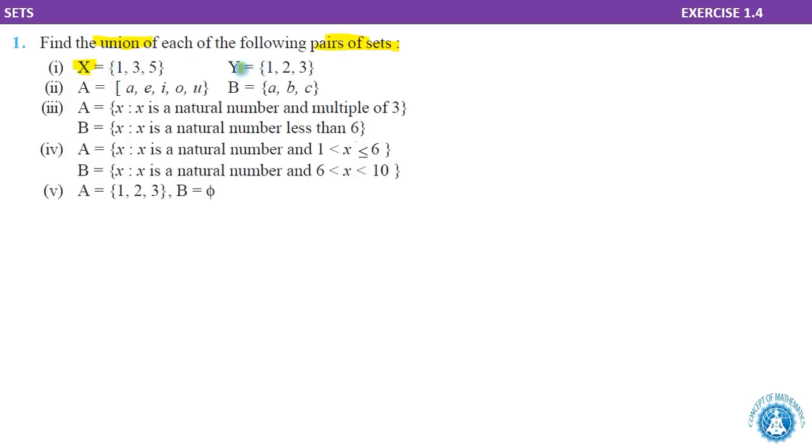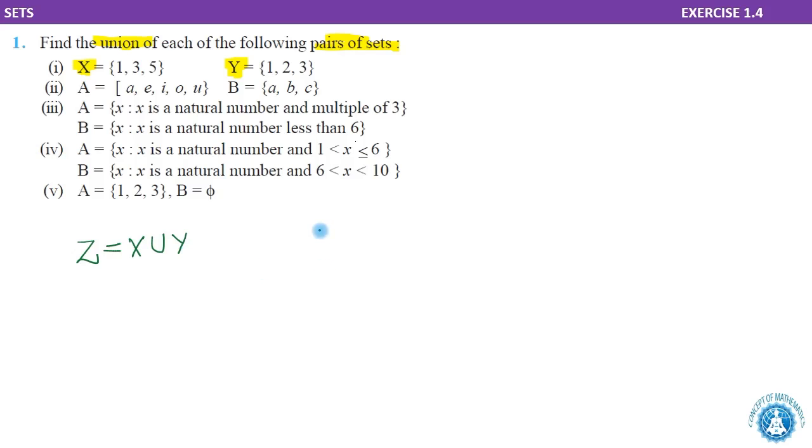First is X, second is Y. We have to find the union of X and Y. We read X union Y. The union of X and Y is represented as X union Y. That means this is some other set Z, which contains elements of set X or Y or both.